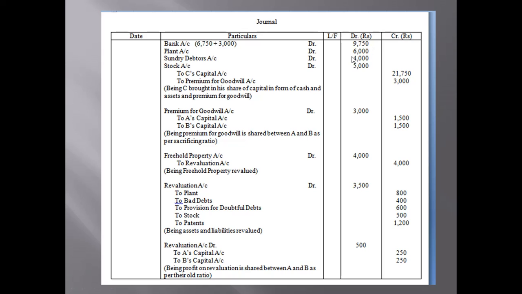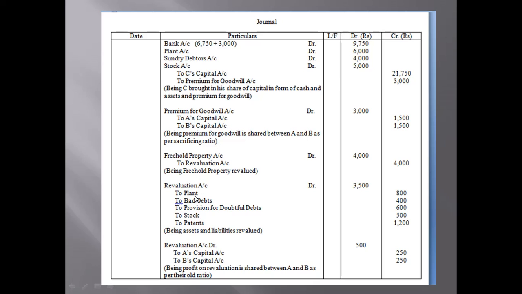But we should know that 9750 is not the amount of capital, because we have already seen in the capital account that 6750 is the amount of capital and 3000 is for the premium for goodwill. So altogether he is bringing 9750 in the firm, and this premium for goodwill will be shared between A and B as per the sacrificing ratio.